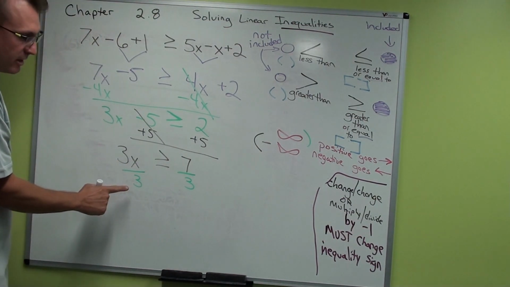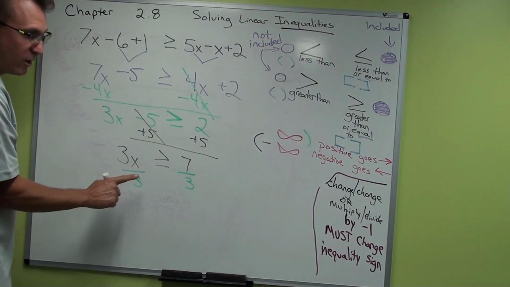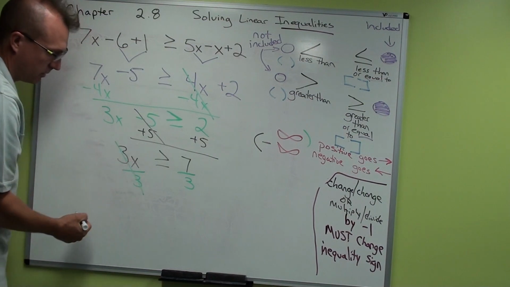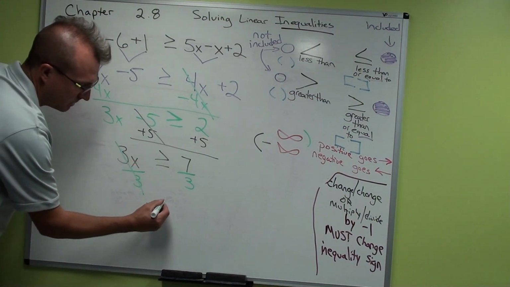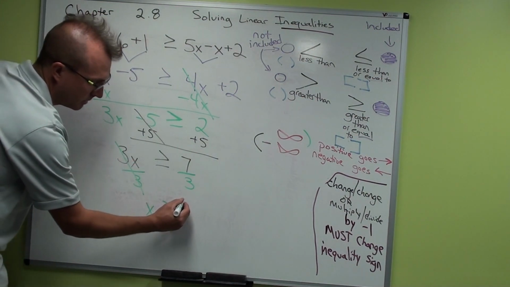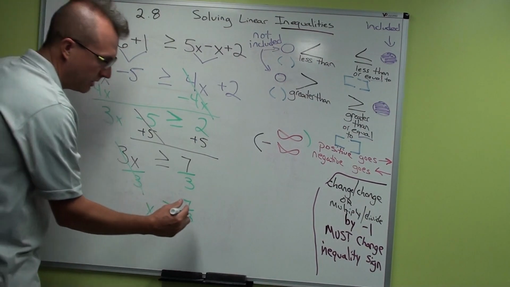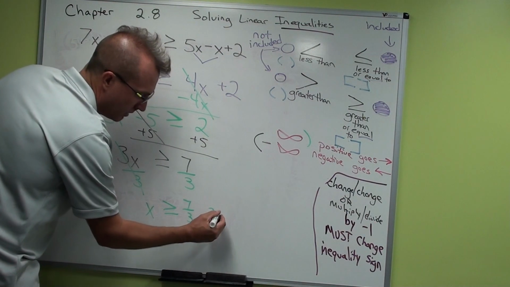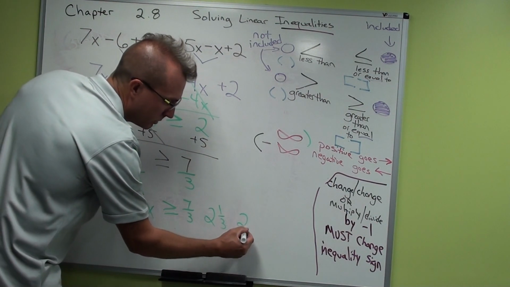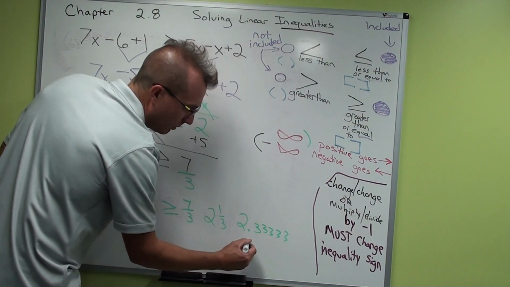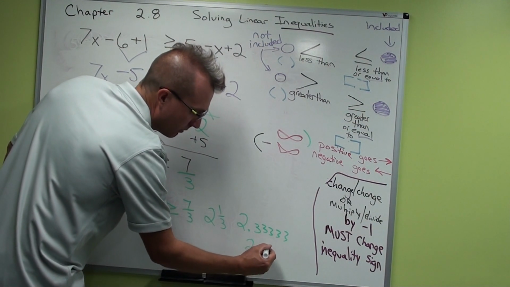Do we flip the sign? No, because we're not dividing or multiplying by negative 1. Cross that out. We get x is greater than or equal to 7/3. When you put that in your calculator, you should get 2 1/3, or 2.33333, which is really 2.3 repeated.